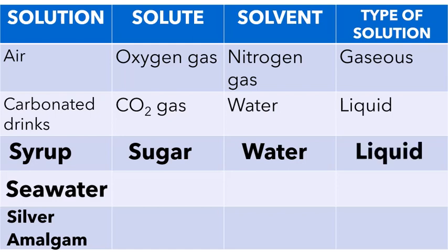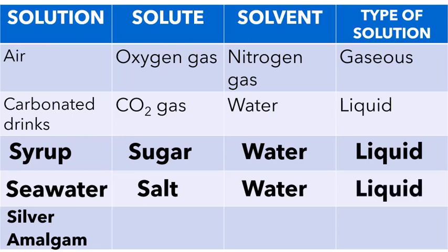Another one, seawater. What will be our solute? Salt. The solvent, water. So what is the state of matter of water? So it is liquid. Therefore, the type of solution is liquid. For the silver amalgam, it is a combination of mercury, an element, and silver, which is also an element.